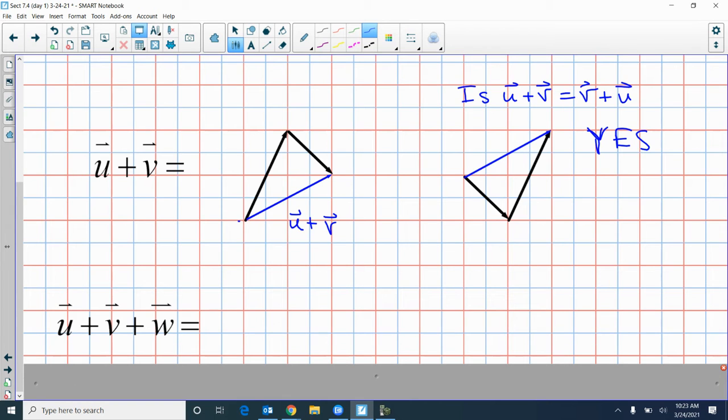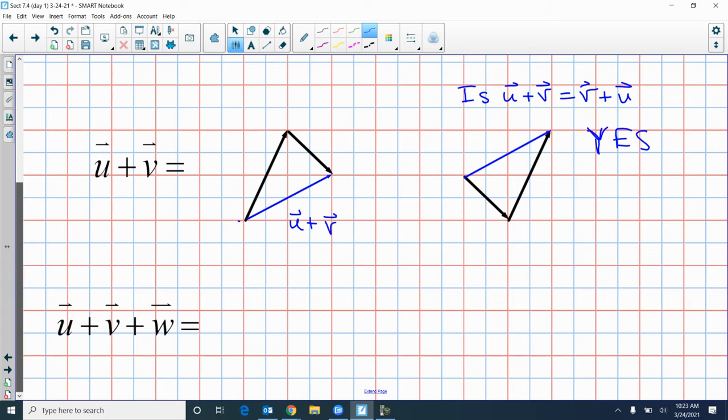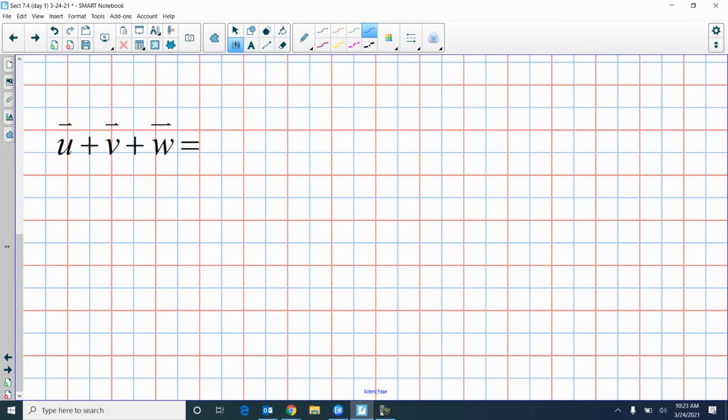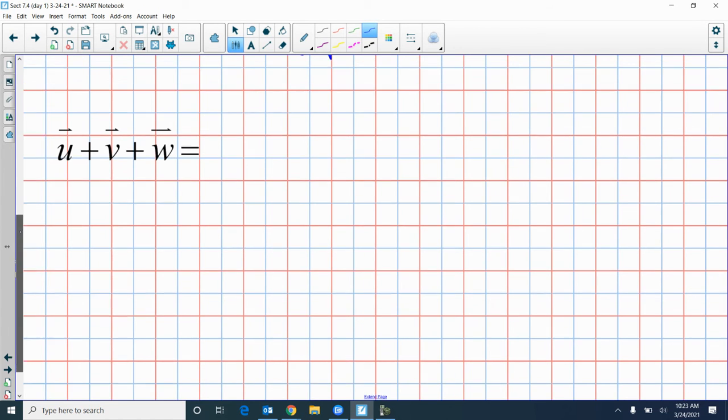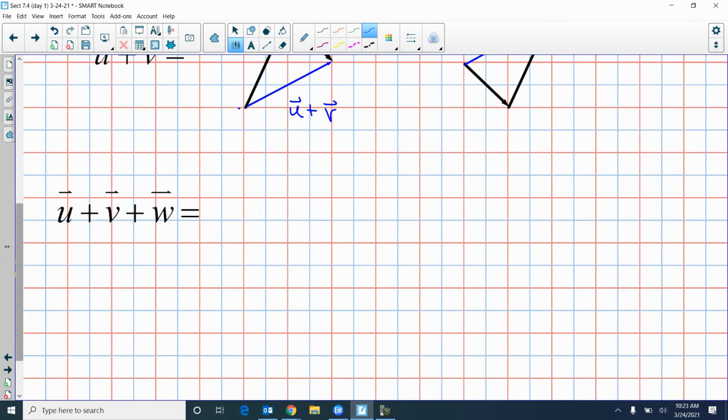All right, so what do you think U plus V plus W is going to look like? So take vector U, draw it out. At the end of that, draw vector V. At the end of that, draw vector W. And then connect from the first to the last.